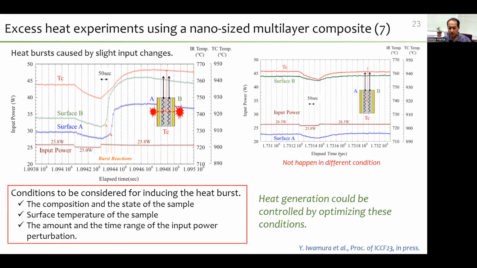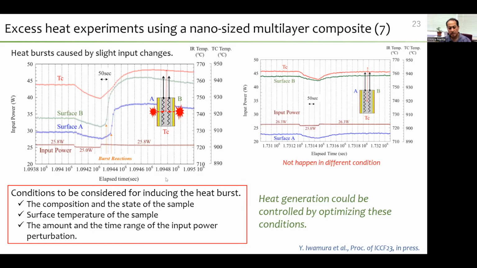But in this right plot, this did not happen under different conditions. In this case, the input power changed from 26.3 watts to 25.8 watts, then back to 26.3 watts. So in this case, the heat burst didn't happen.